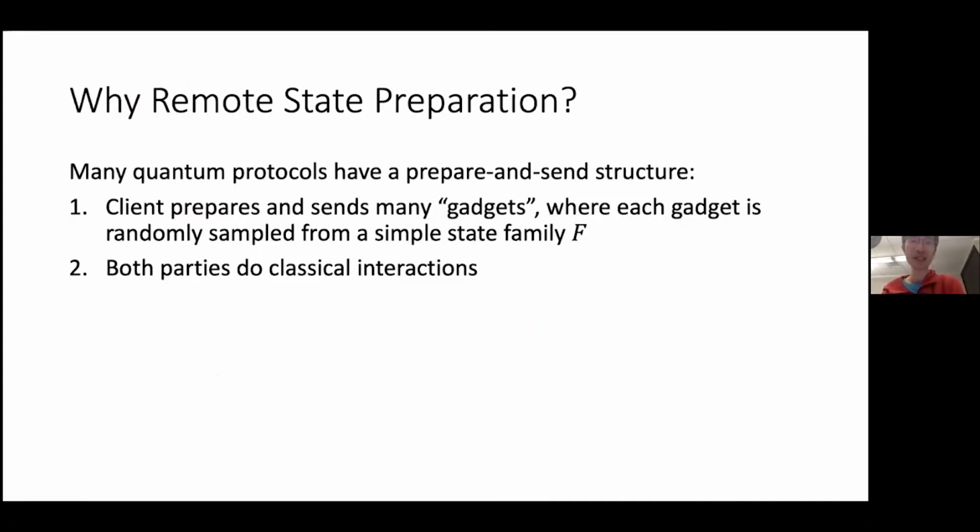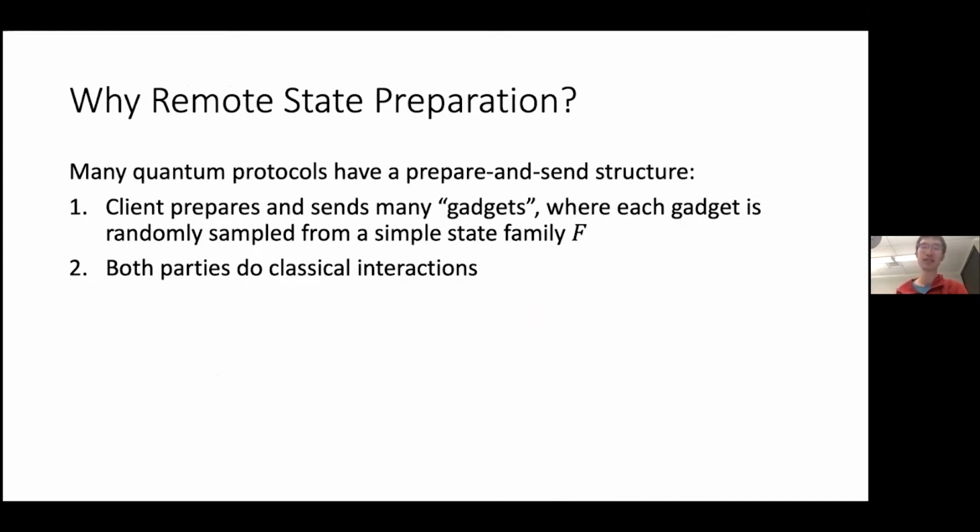So remote state preparation is not only important in our work, but also important in a more general context, because many quantum cryptographic protocols have a prepare-and-send structure as follows. The client will first prepare and send many gadgets.